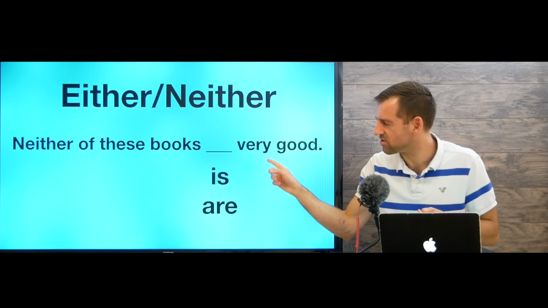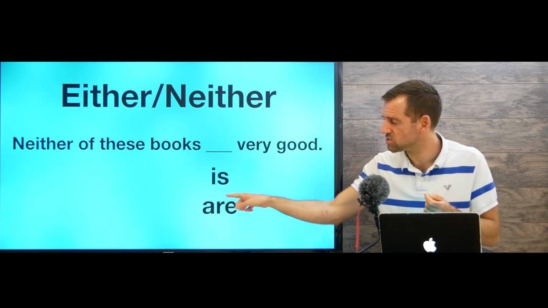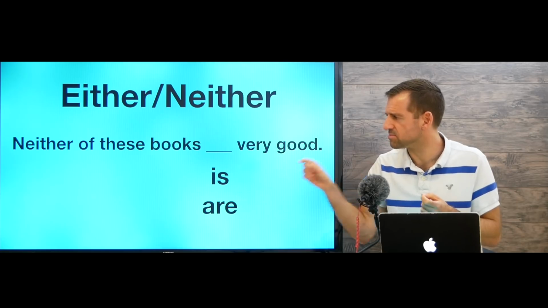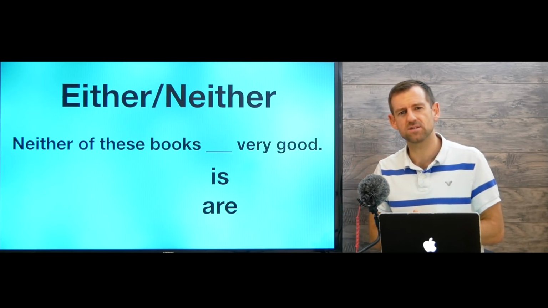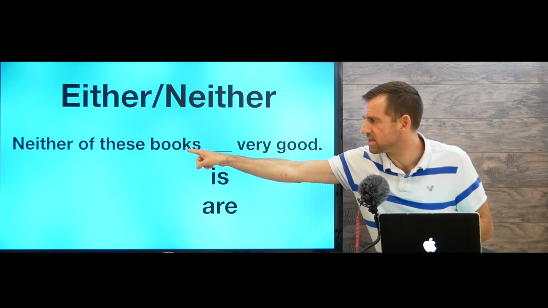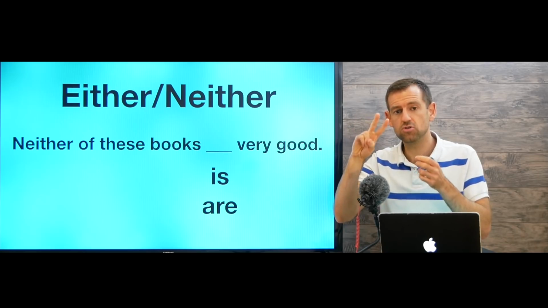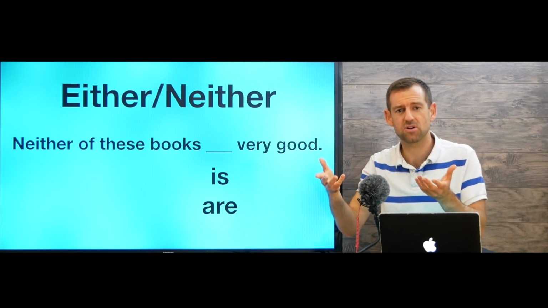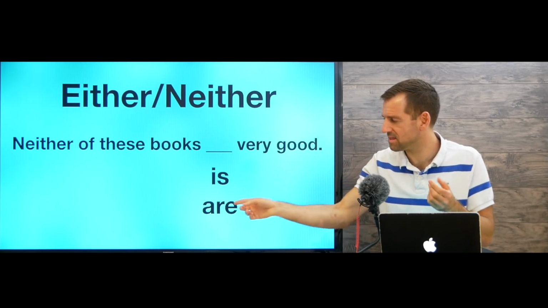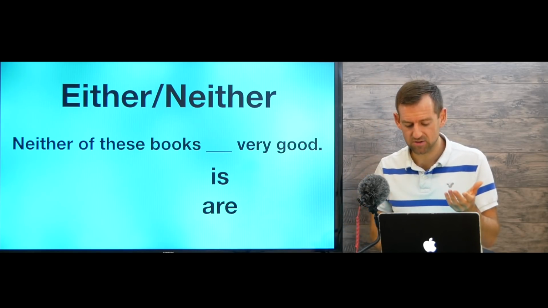Neither of these books is very good, but I think in spoken English, I think this would be more common. Neither of these books are very good, because this is plural here, these books, right? You're talking about two books. Neither of these books are very good. I think this would be more common in normal life, like real life English.